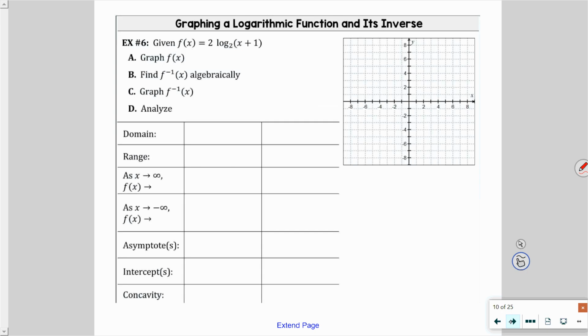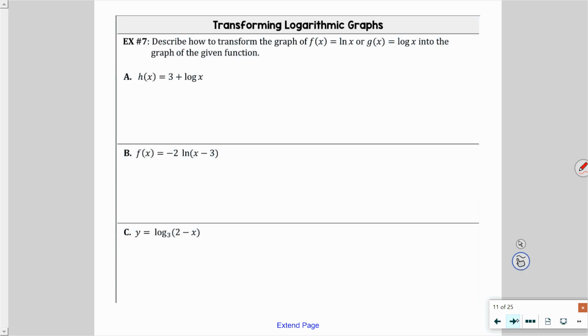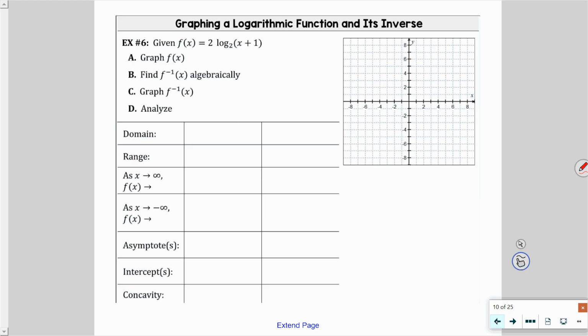So what I wanted to do is find maybe a harder one, right? So again, I'm just going to make one up because I think I can make them up harder and analyze it. So let's say we're starting with log base 2 of x, and I want you to rewrite it based upon these transformations and then analyze it.